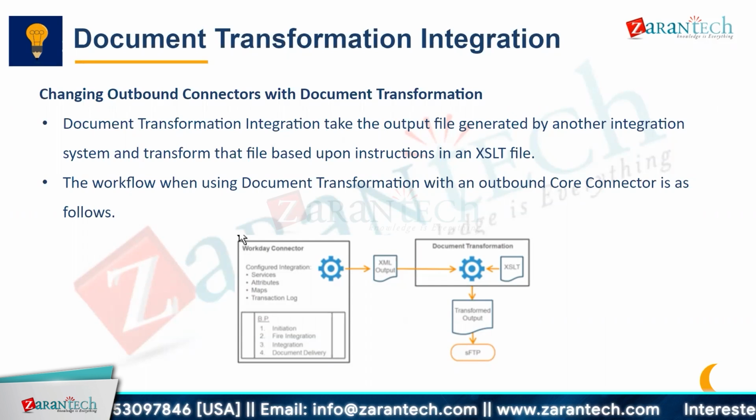So source file, which is usually an XML output, do the transformation using your XSLT as a template or a control document, and then have the transformed output and share it with your end user.